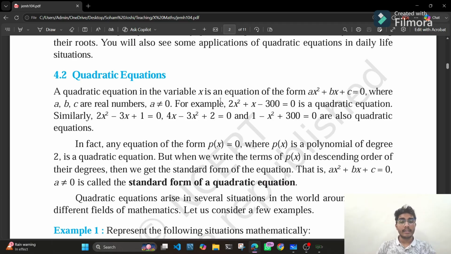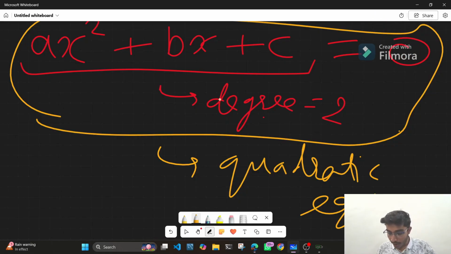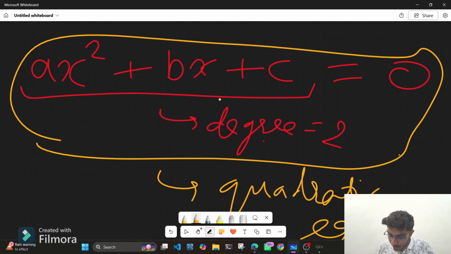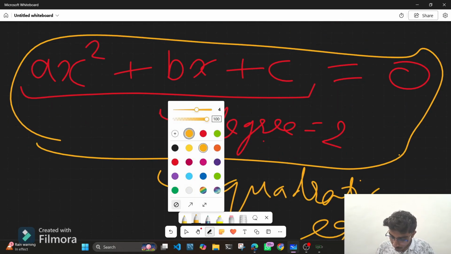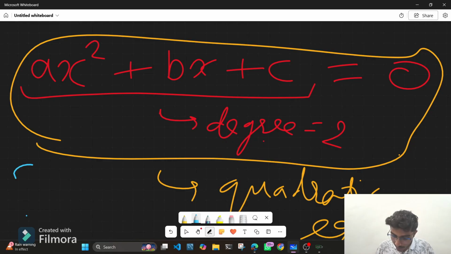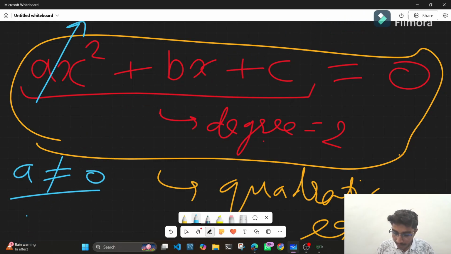A quadratic equation in the variable x is an equation of the form ax square plus bx plus c equal to 0, where a, b, c are real numbers. For example, 2x square plus x minus 300 is equal to 0. One more thing we need to understand over here is that a cannot be 0, because if a becomes 0, then this whole term becomes 0 and we are left with only a degree 1 polynomial.